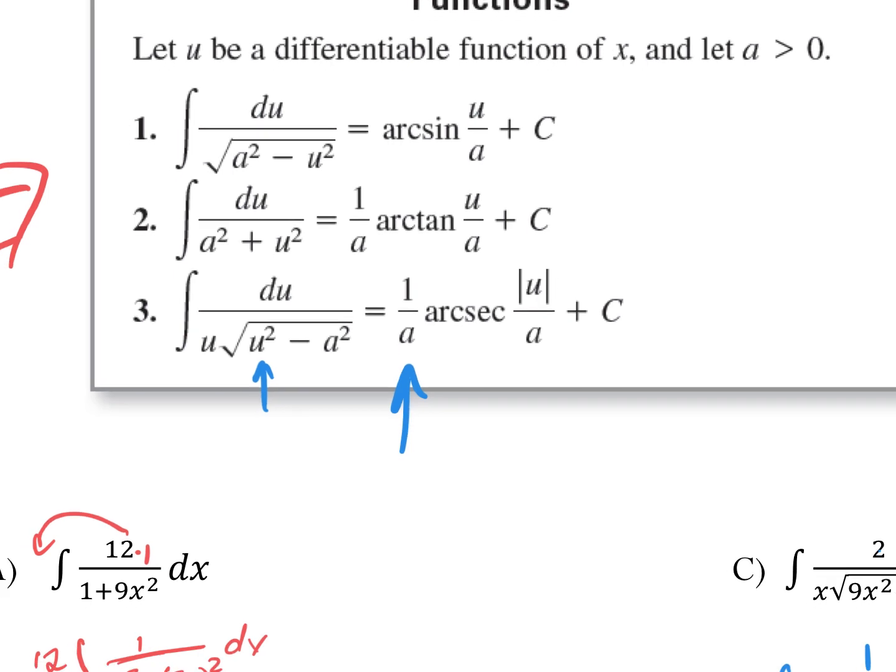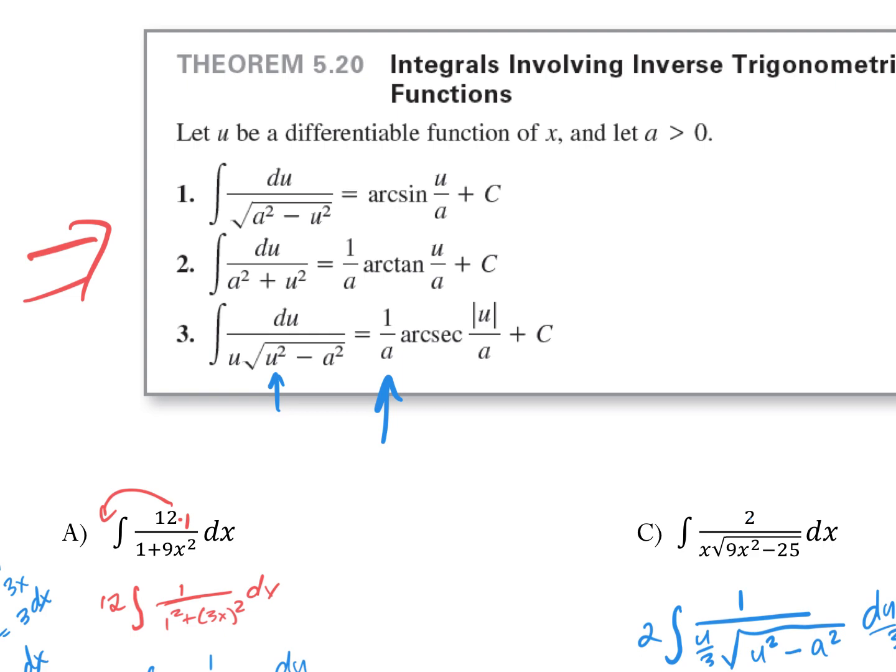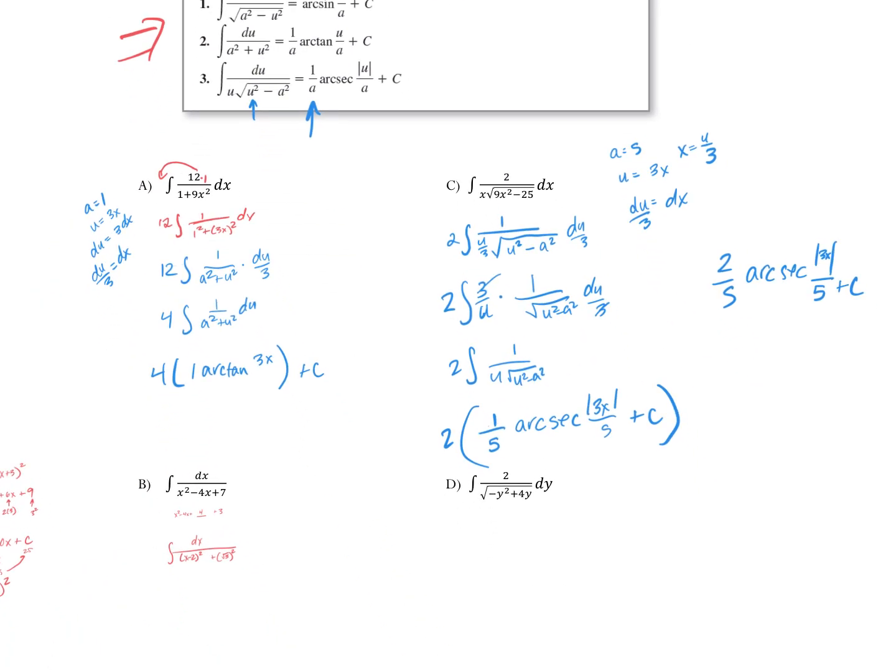All right. So which one does this one follow, y'all? Arctan. All right. And we have, let's see, a equals square root of 3, u equals x minus 2, du equals dx.